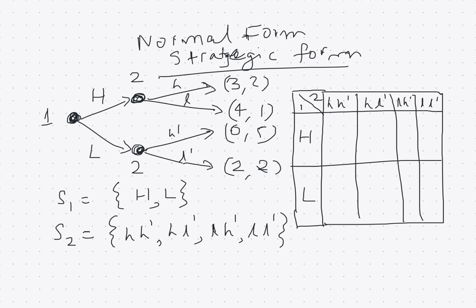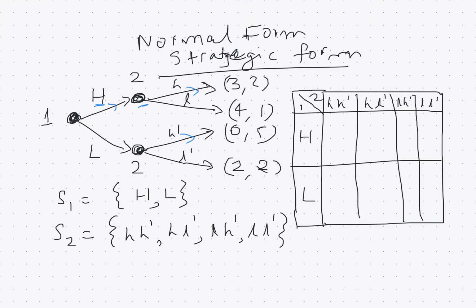So let's say player 1 chooses to charge high price, and then player 2 chooses high price as well at the top node and high price at the bottom node as well, right? So what happens? The relevant path is this. You go like this, and then this.